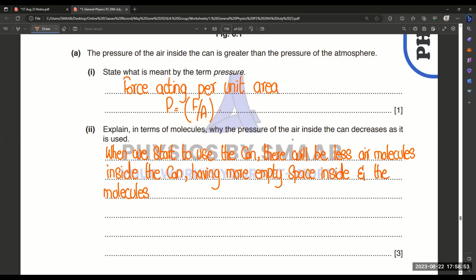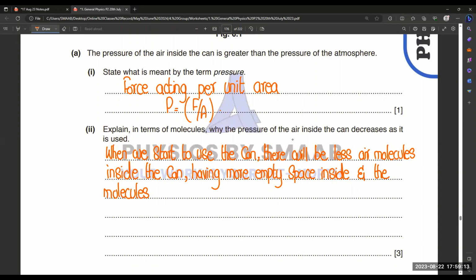Actually, it is inversely proportional, because now volume is increasing, because initially we filled that gas at high pressure, right? Just like the tire: when your tire bursts, your air molecules come out of the tire.